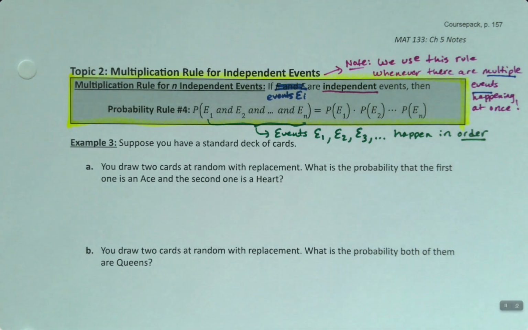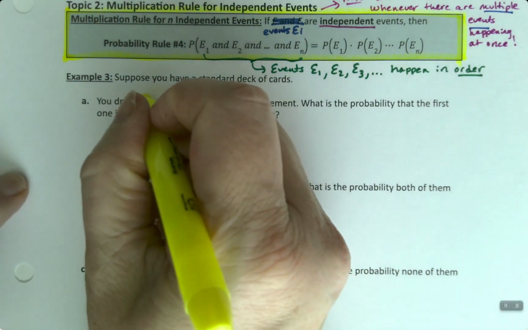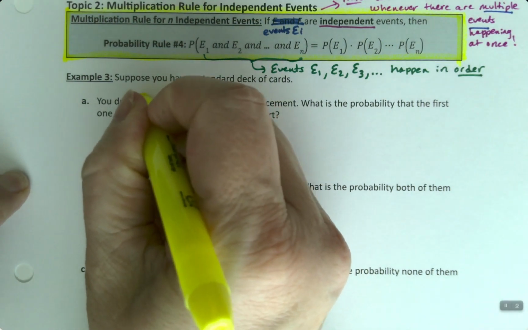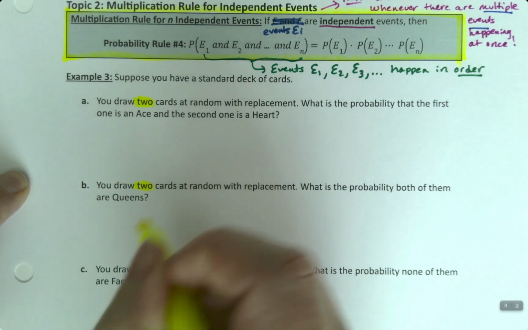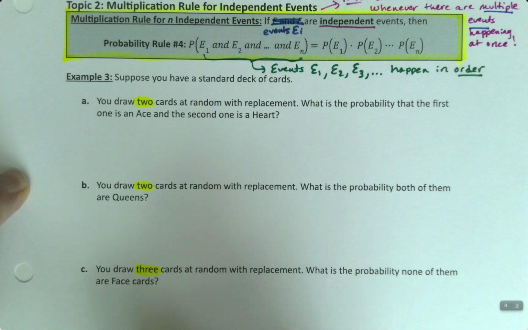All right, so suppose you have the standard deck of cards, which we've been working with for all these examples in Chapter 5. And you want to draw 2 cards at random. Now that's key. Once you see this in the setup, and the way the problem is written, you can tell that more than one thing is happening at once.